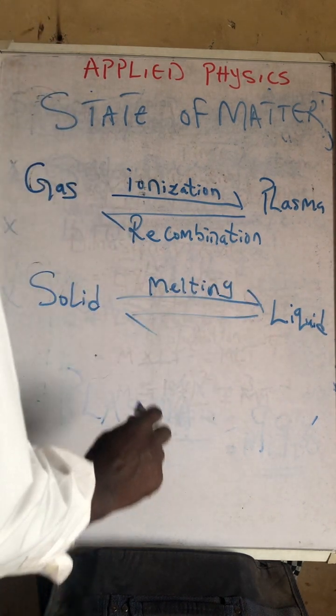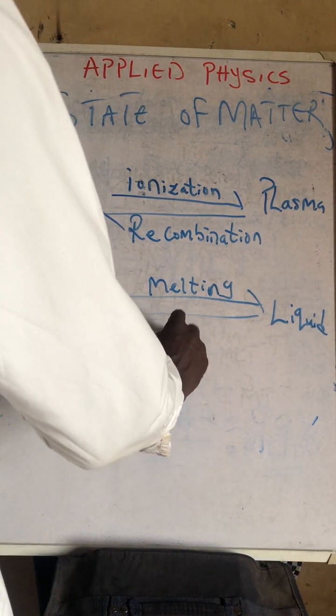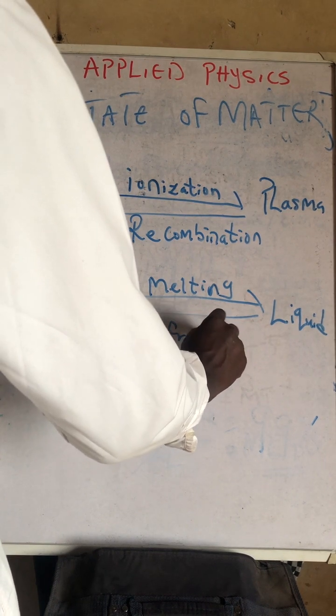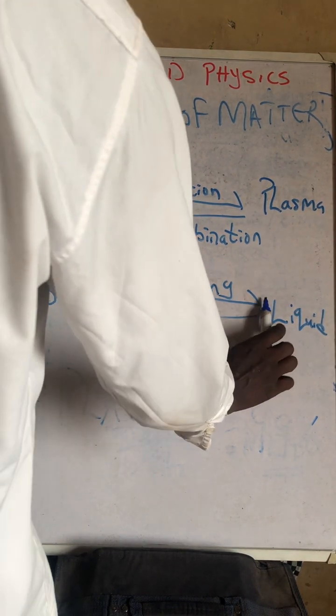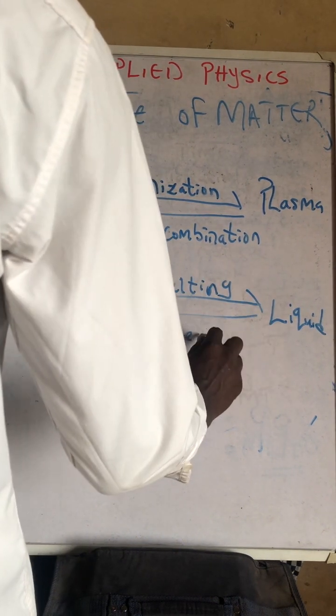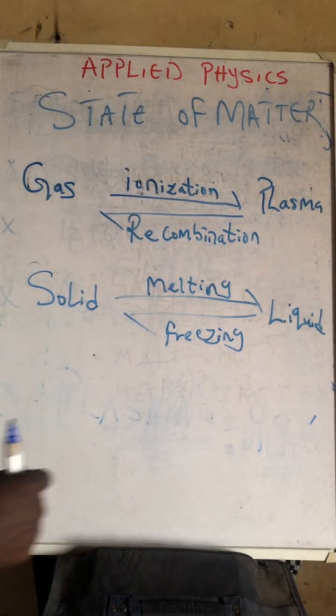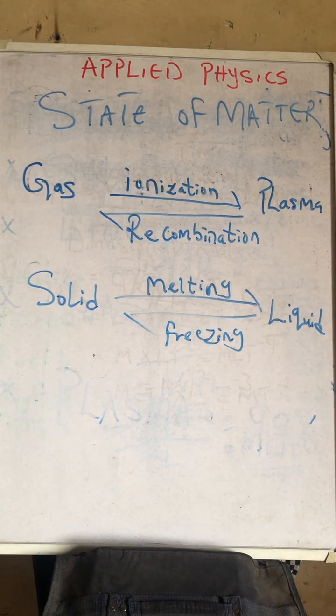And water is a common example. Then from liquid to solid state is called freezing. Alright, so that is that for state of matter. I'll be entertaining your questions.